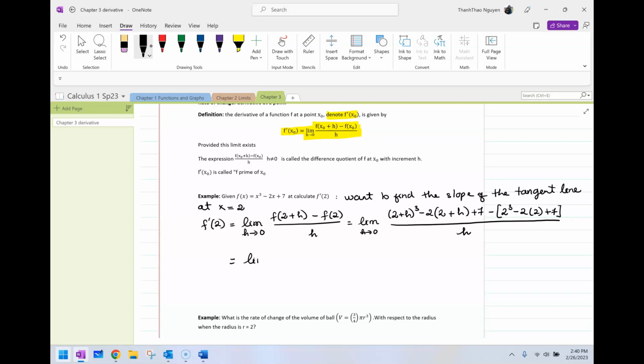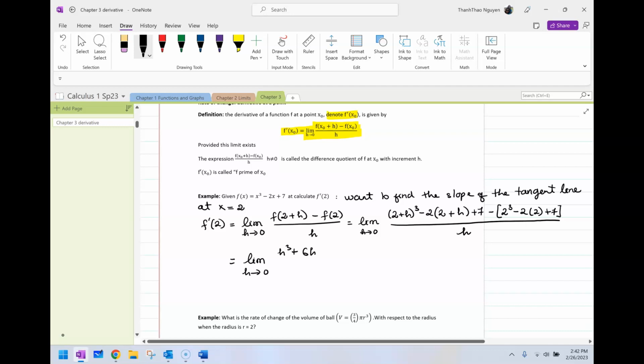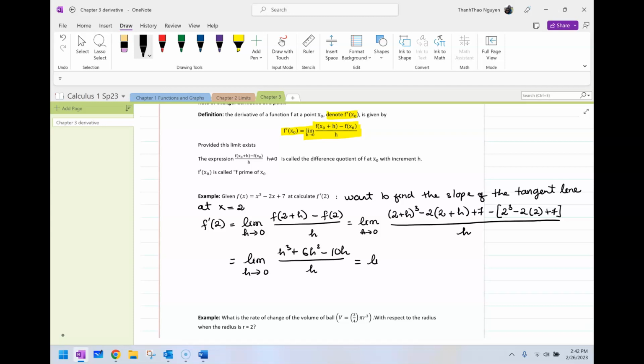We'll go ahead and simplify this expression to get h cubed plus 6h squared minus 10h divided by h, simplify by h. As h approaches 0, this is equal to negative 10. So then f prime of 2 is equal to negative 10.